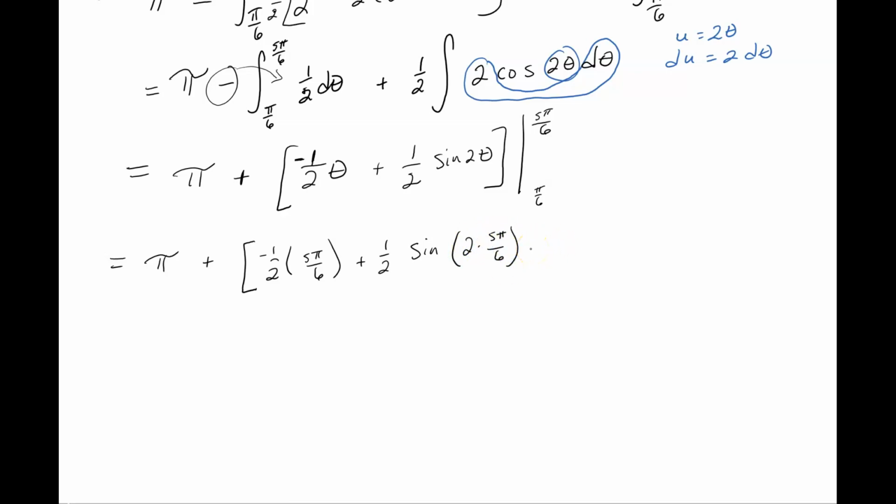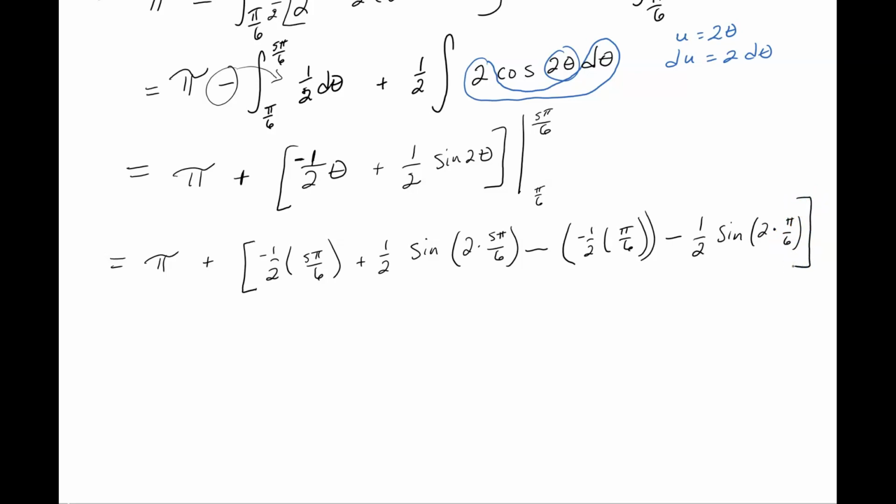Then we're going to subtract a negative 1/2 multiplied by pi over 6, and then subtract a 1/2 sine of 2 times pi over 6. I think that should do it. We close off our brackets there.